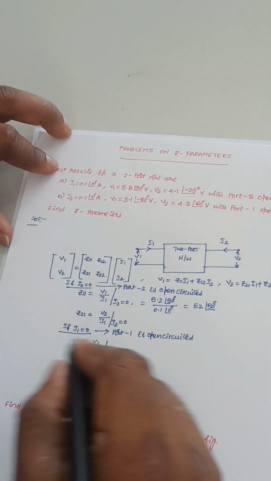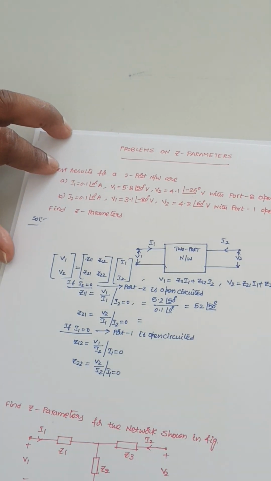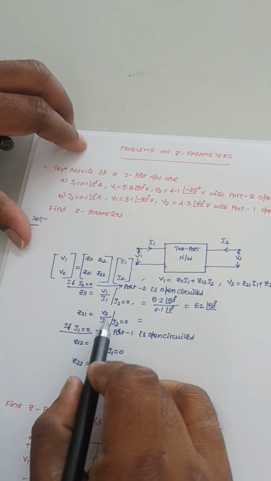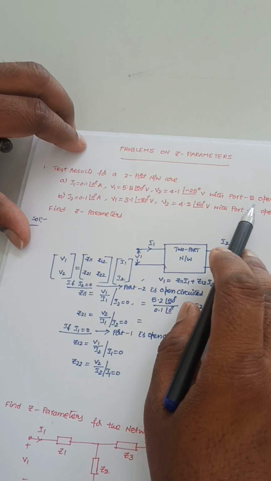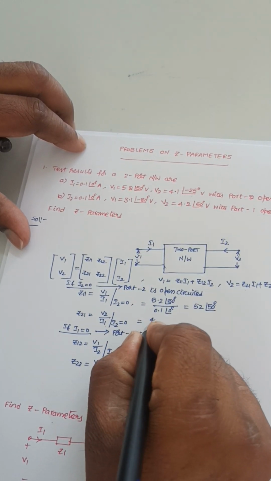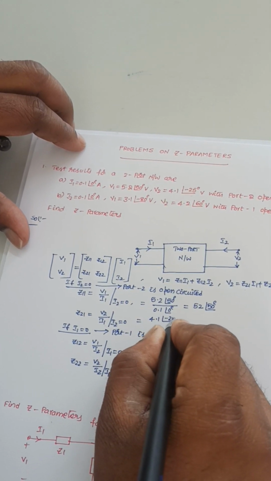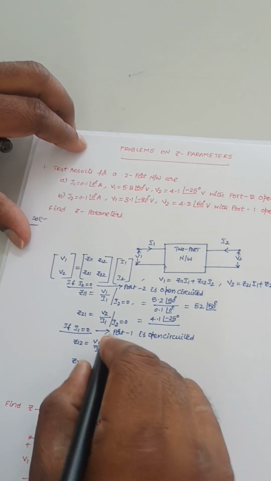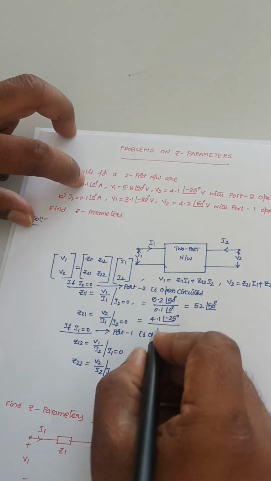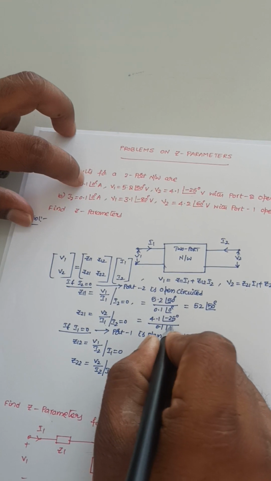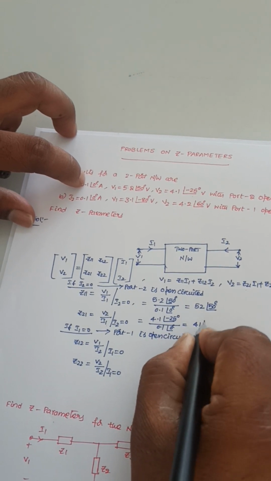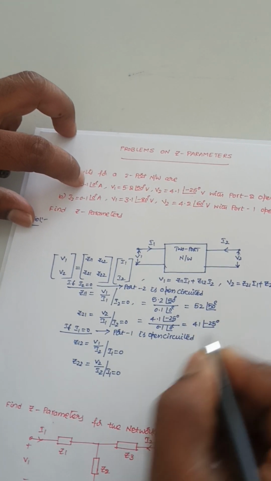It is Z11. Next, Z21 is V2 by I1. When port 2 is open circuited, the V2 value is 4.1 at an angle minus 25 degrees divided by the I1 value, 0.1 at an angle 0 degrees. So it is 41 at an angle minus 25 degrees.